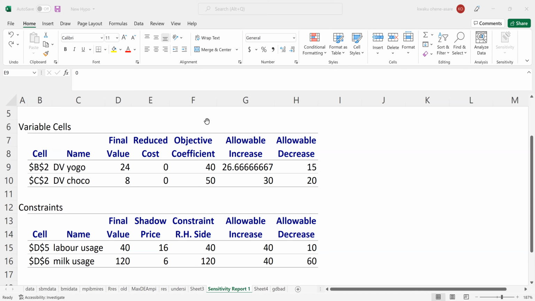Why? Because, and here's what you got to put down: the reduced cost value is the opportunity cost of producing a particular product. Full stop. The reduced cost is the opportunity cost of producing a particular value.